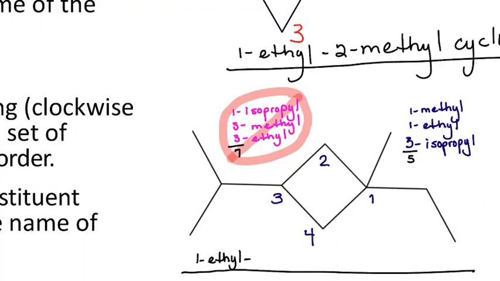Who comes next? Great, the isopropyl. 3 isopropyl. The last one is going to be 1 methyl. And then the cyclobutane.